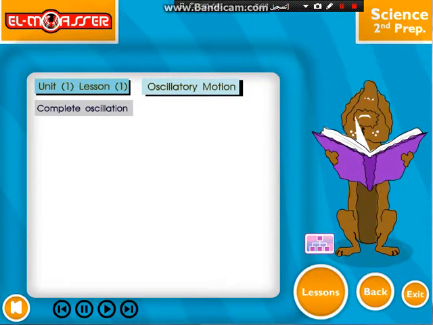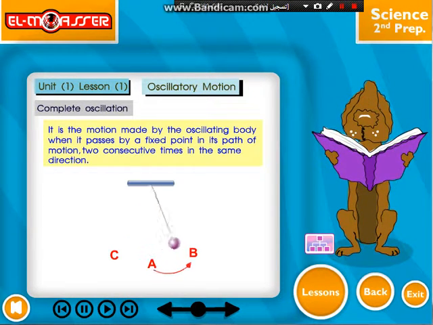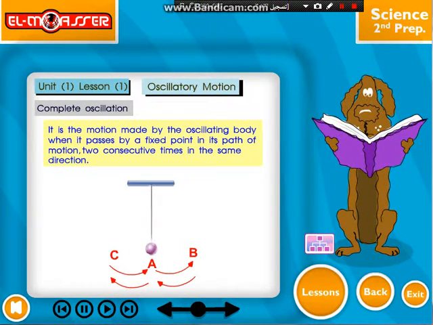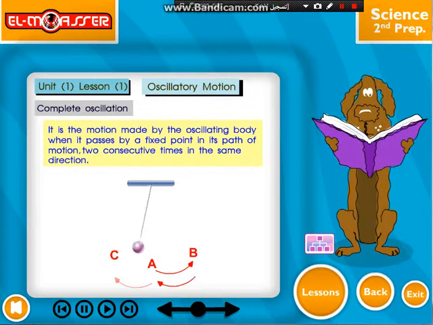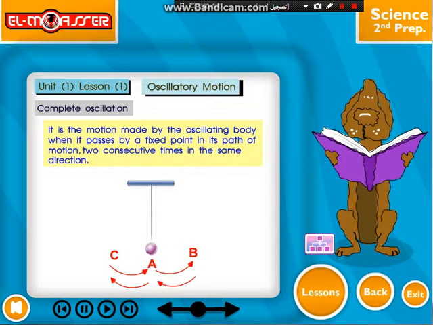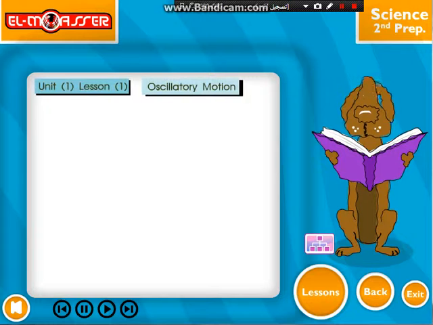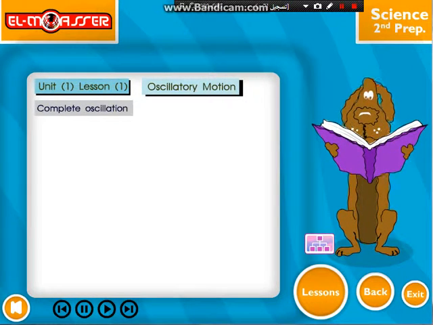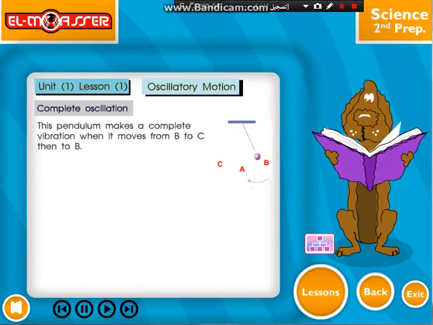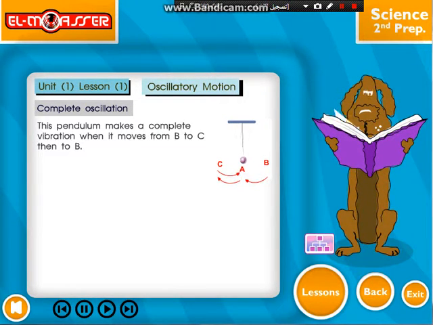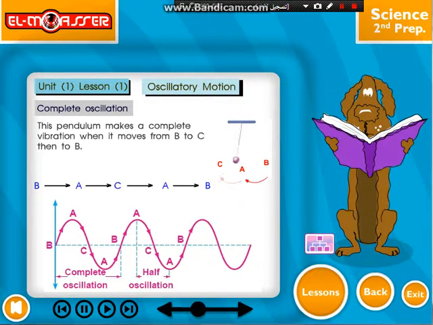Complete oscillation. This pendulum makes a complete vibration when it moves from B to C, then to B, as it appears in front of you.